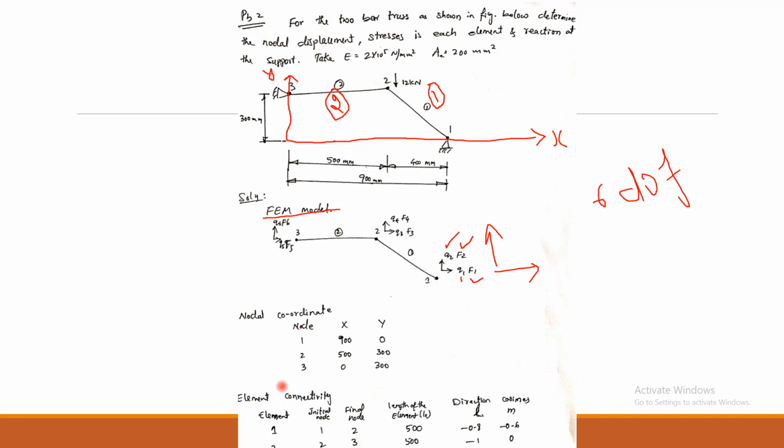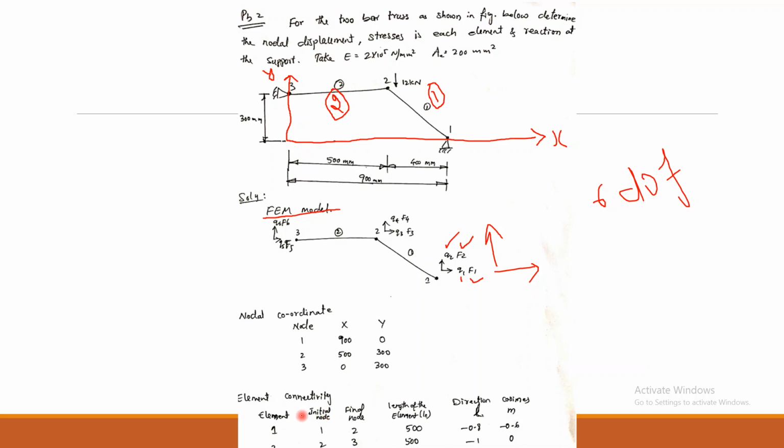After that, one more table that I'm going to use is the element connectivity table, which is much needed. It will avoid confusions in the future derivation or calculation of the stiffness matrix.